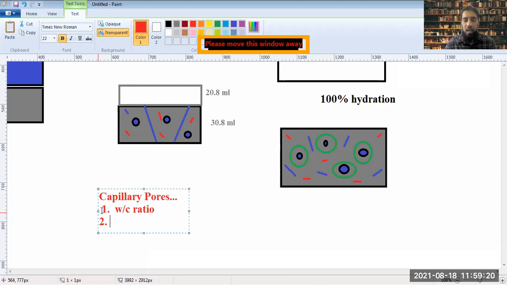So capillary pores, you should avoid. For that, you have to keep the water cement ratio below 70%, so as to keep the capillary pores within control. And the other thing it depends on is the degree of hydration.